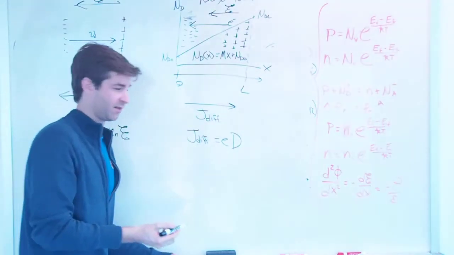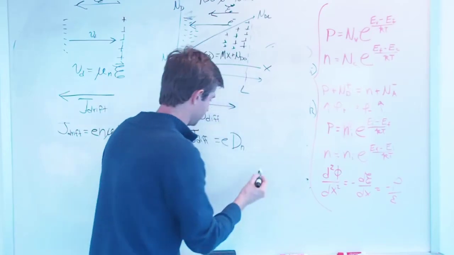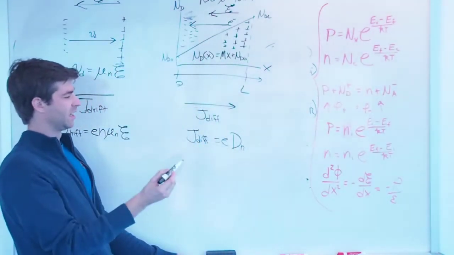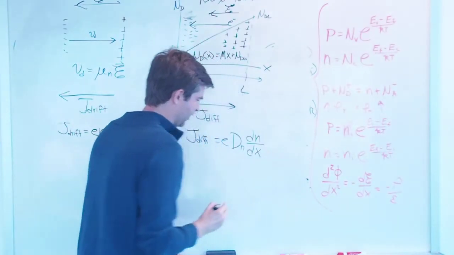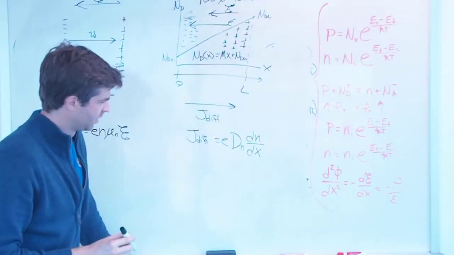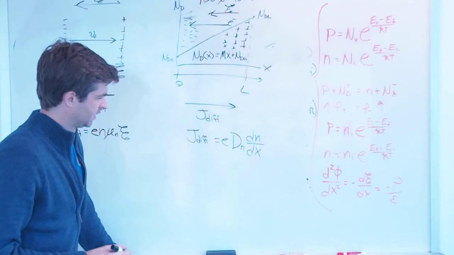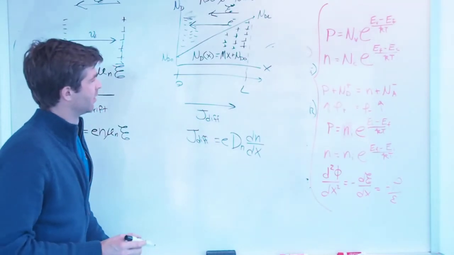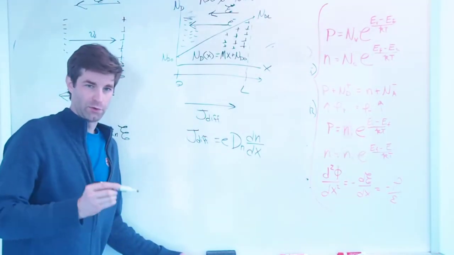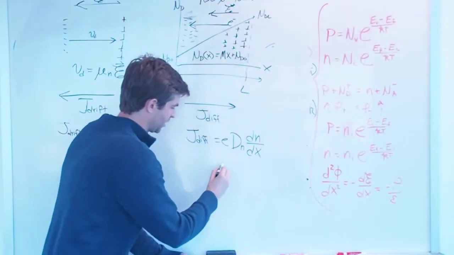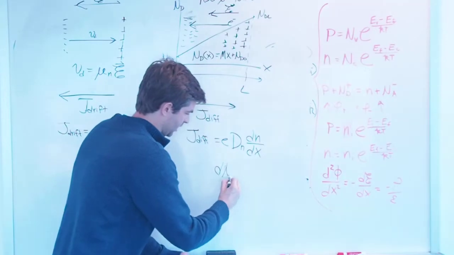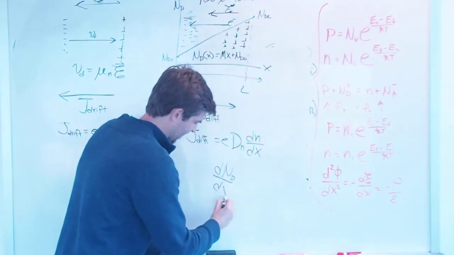When we start looking at the Einstein relation a little bit, call that D sub n times your gradient dn over dx. And if we're dealing with a linear doping gradient and we're assuming 100% ionization, then dn over dx just becomes dND over dx, right?